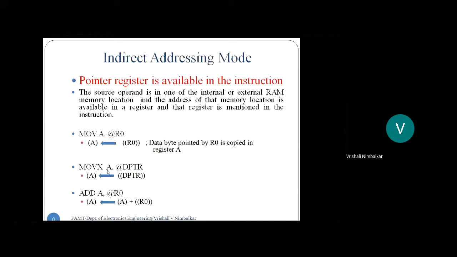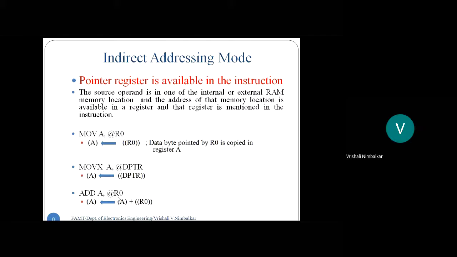So MOVX A, @DPTR. How is the data transferred? The data pointed by DPTR, the double brackets, is picked up and copied in accumulator. What is DPTR having? One RAM address. And the data of that address, the outer bracket is telling, is picked up and copied in accumulator.